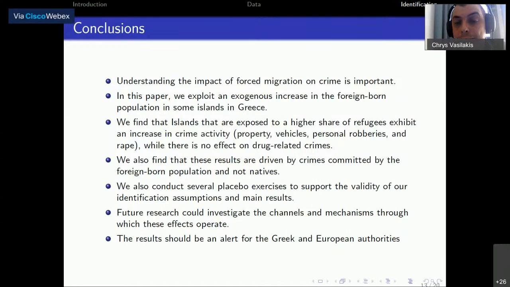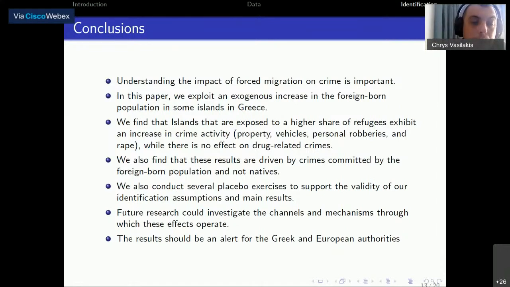We find that the Greek islands exposed to a higher share of refugees saw an increase in crime activity for certain types of crime, except drug-related crimes. We also find that these results are specific to the foreign-born population, but not the natives, and after conducting different placebos or alternating the database, we find that the results remain the same.